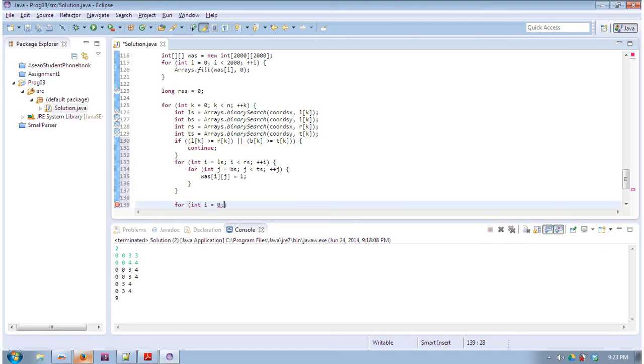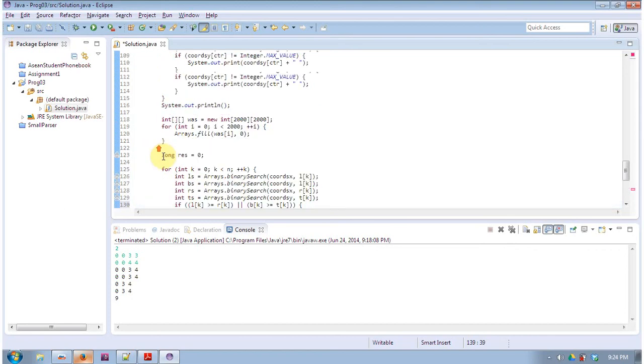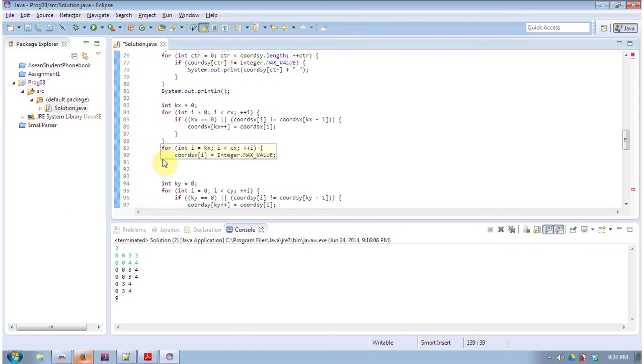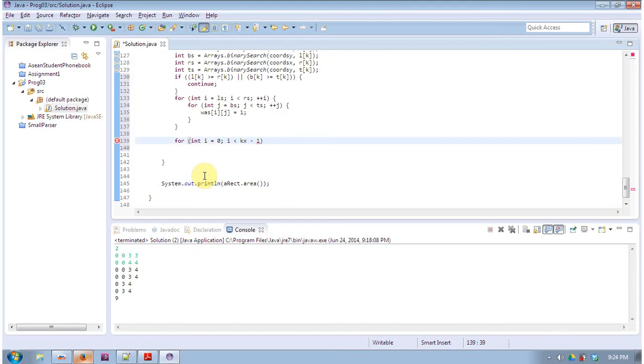Okay, so I is equal to 0, I is less than kx. So kx is this value, right? The compressed one, the values with distinct numbers.